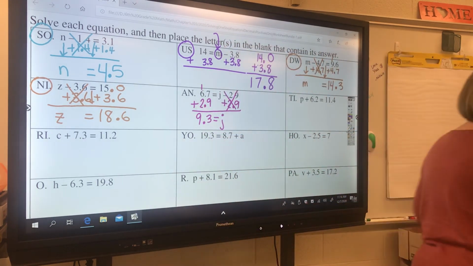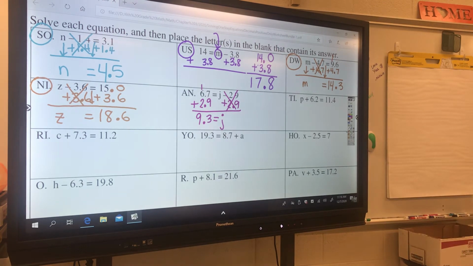Should have gotten 9 and 3/10 for AN. All right, let's look at the next one. And I know that some of y'all are not finished, but let's look at TI really quickly, okay?